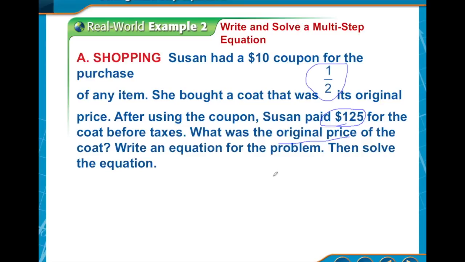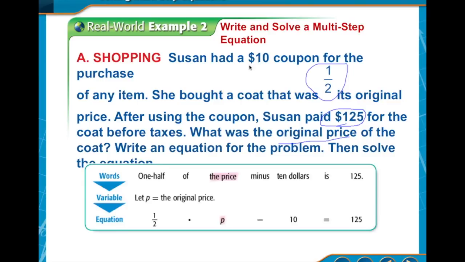So we can write an equation and solve it. She bought a coat that was half of its original price, and she paid $125 for the coat. So what was the original price if half of it was 125? And she had a $10 coupon. So let's think about that.